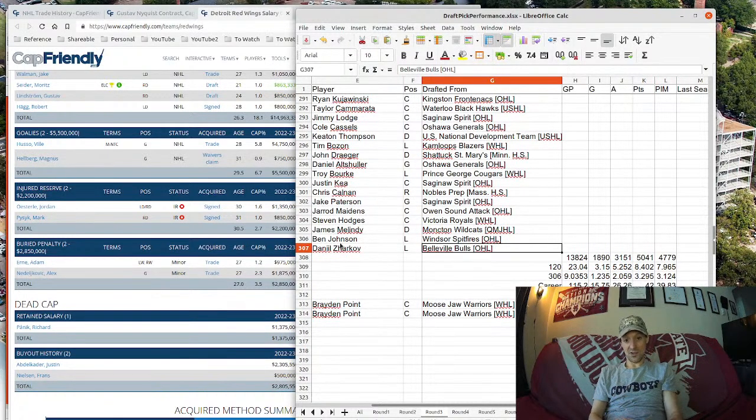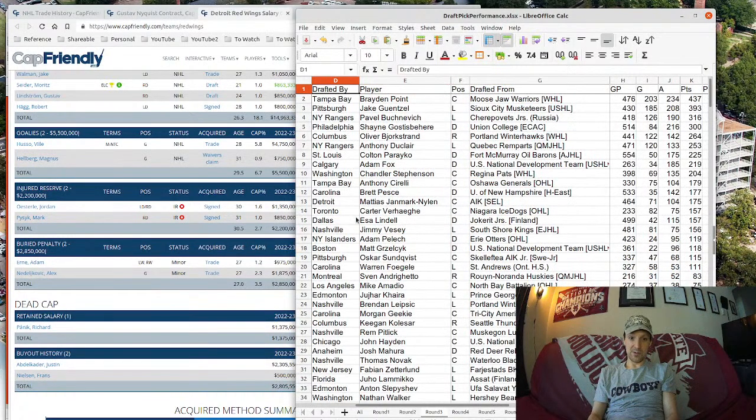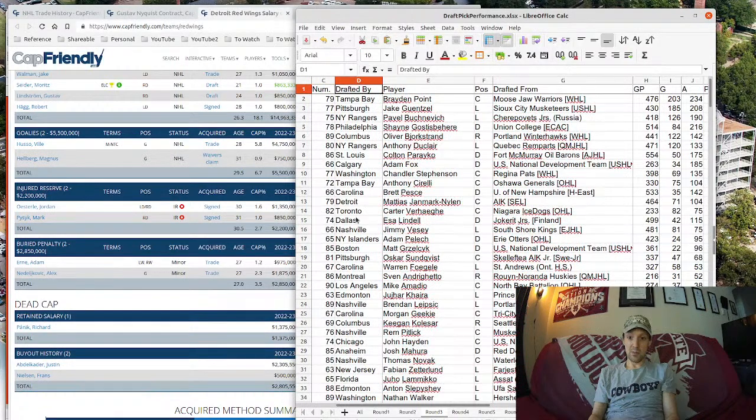So let's just see it. For example, the teams that are drafting them. So on the high end of points, we've got, let's see who stands out. So we've got Rangers twice. Tampa's twice.